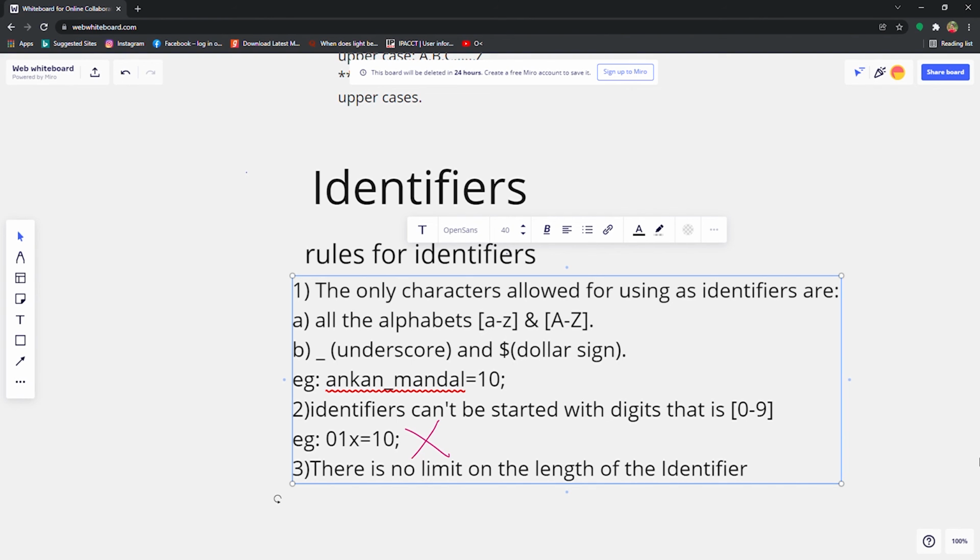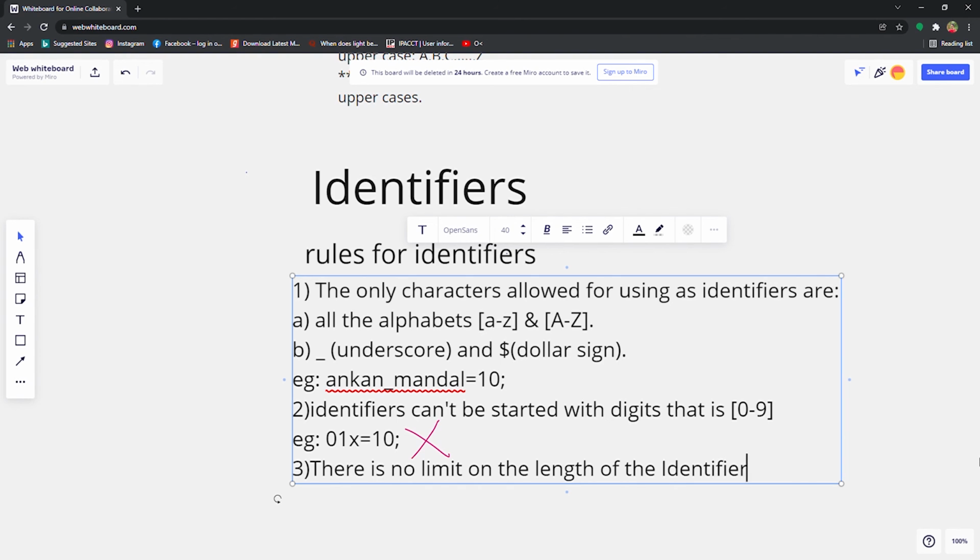Because you will be using one variable maybe more than one time, and that will be real hectic for you to use that long name. So better to use a short name. It's just advice, it's on you. There is no hard and fast rule that you have to use only 4 to 5 characters, but it is advised.